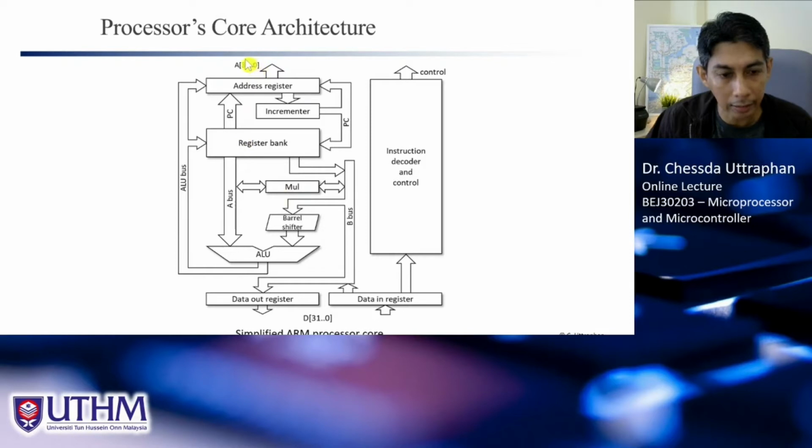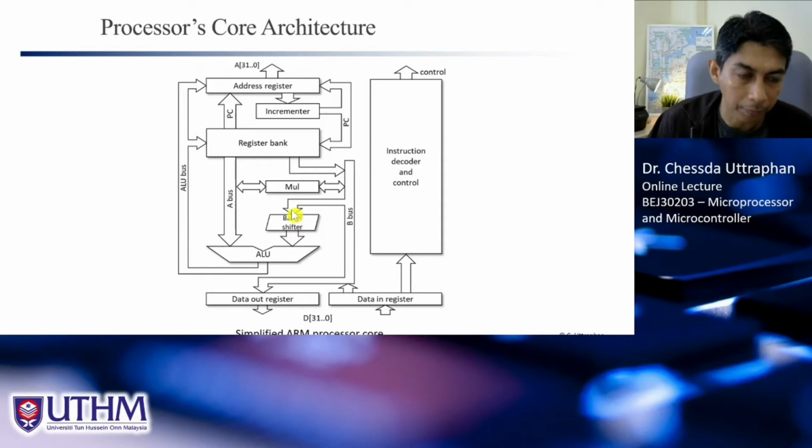So we will see later what is the size of the memory for this processor, right? And in this case, the address bus size is 32 bit, from bit number 31 to bit number 0, and for data it is 32 bit also, 31 to 0, right? And this is data out. Data out means that from the processor we want to send the data to the memory, so through this register, right?